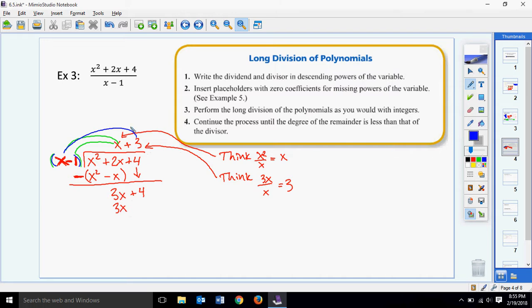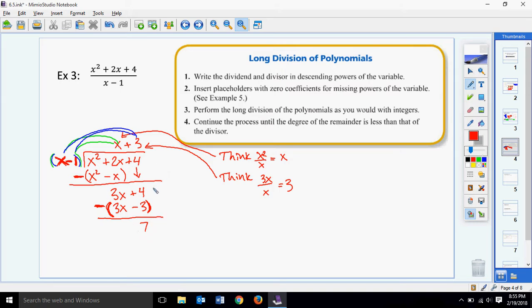And 3 times minus 1 would give me minus 3. Now remember, I'm putting this in parentheses because the next thing we have to do is subtract. We're subtracting all of it, not just the 3x, but we're also subtracting the minus 3. So 3x minus 3x, good, that will cancel. 4 minus a negative 3 would give me 7. Now I'm done. This is my remainder.